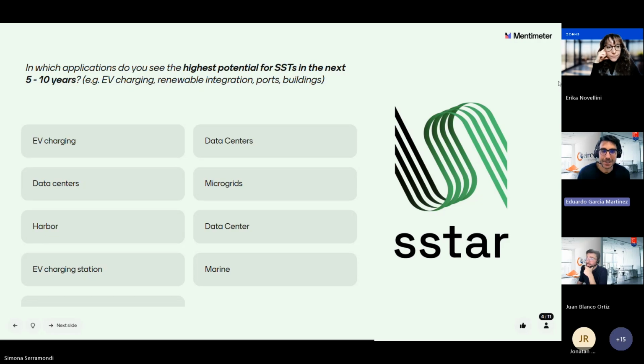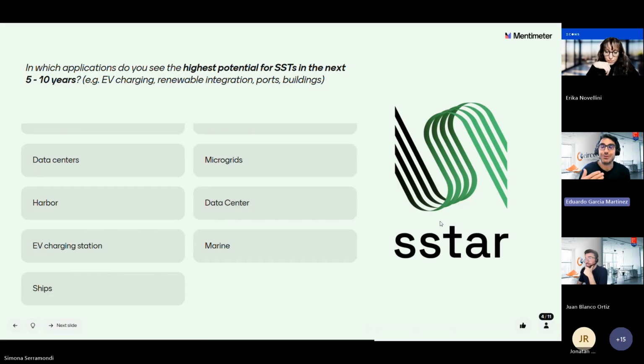And in marine application, in harbor application, I also like it because electric ships need a lot of power, and there is a problem regarding where you are going to charge these electric ships, because the ships are moving around the world, and we have 2 different electric grids, one working at 60 Hertz, the American one, and the European one and more countries at 50 Hertz.